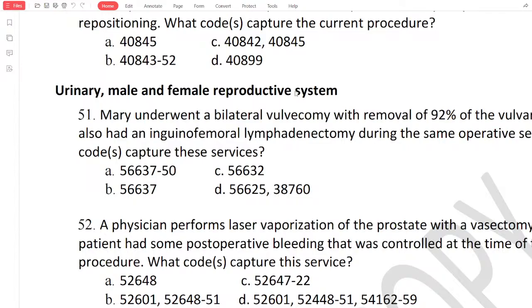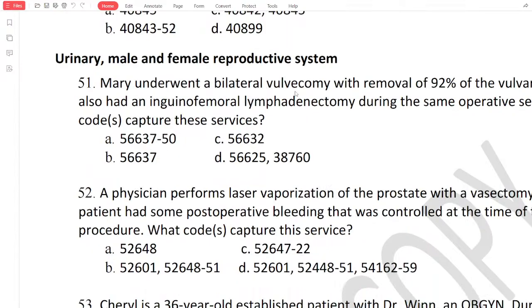Next we are moving on to the urinary, male and female reproductive system chapter. 51. Mary underwent a bilateral vulvectomy with removal of 92% of the vulvar area.